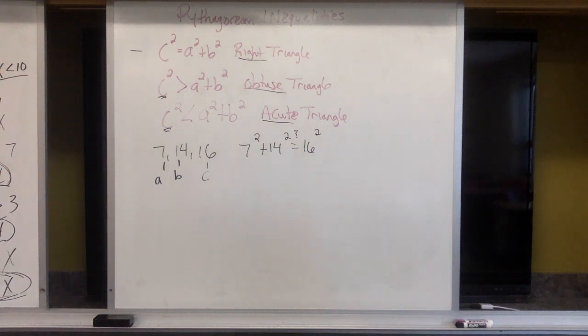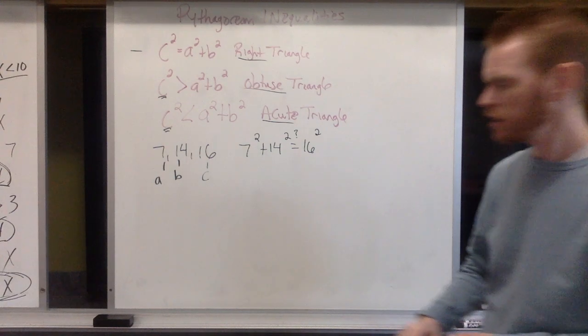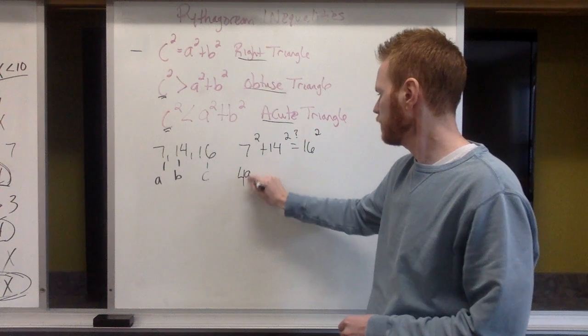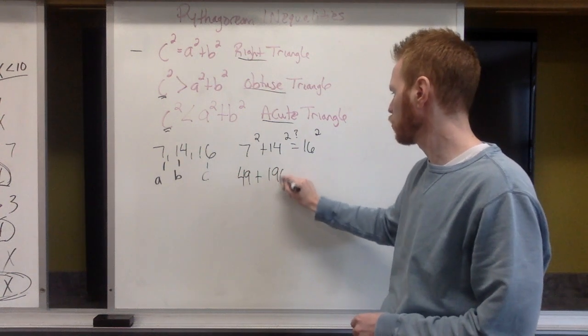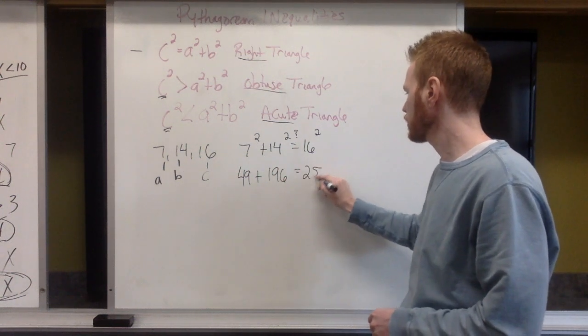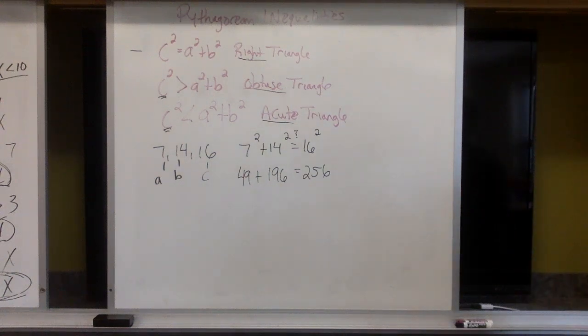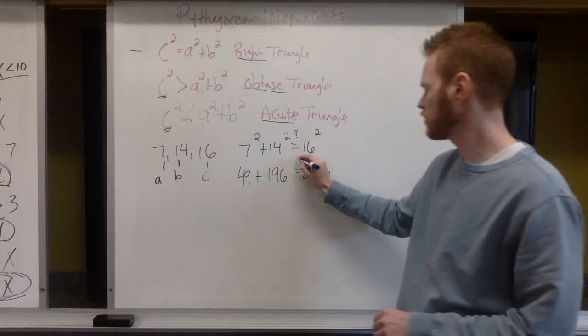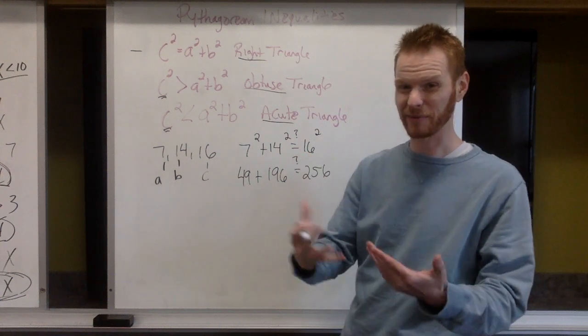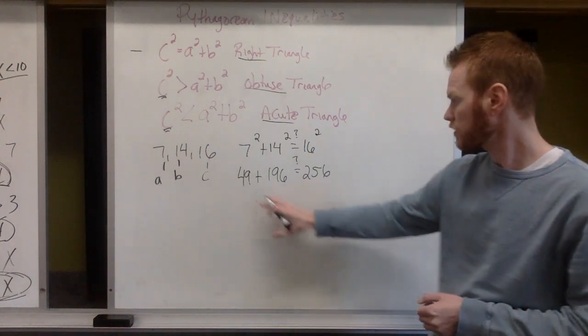Okay? So this is the part of the video where I would say, hey, pause it and take a look at it. See what you can come up with. 7 squared is 49. 14 squared is 196. And then 16 squared is 256. And once again, I'm not quite sure. I'll continue the question mark. I don't know if it really is equal. All right, last step, add these guys.